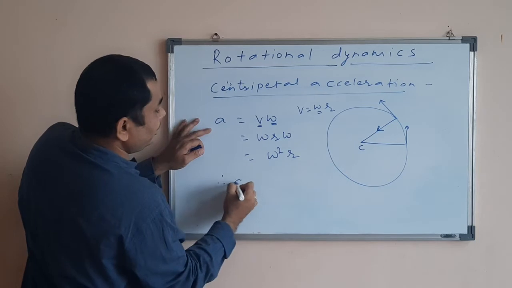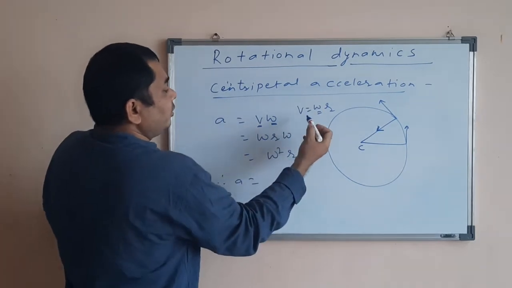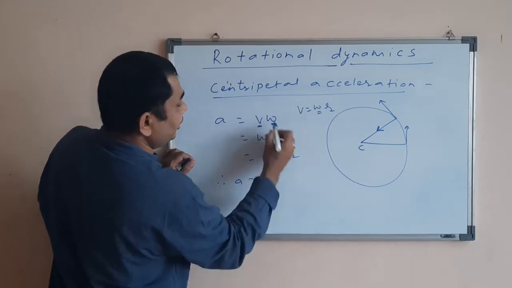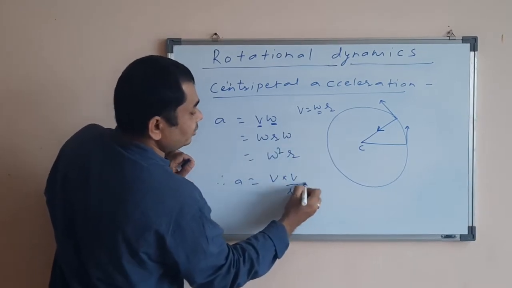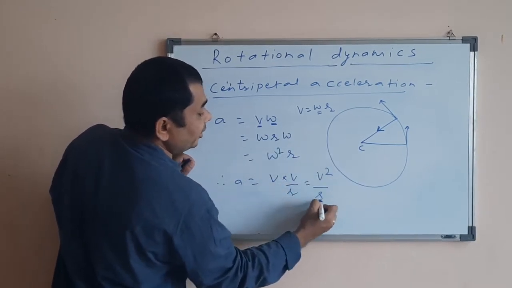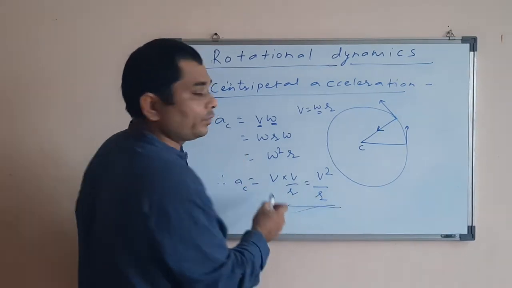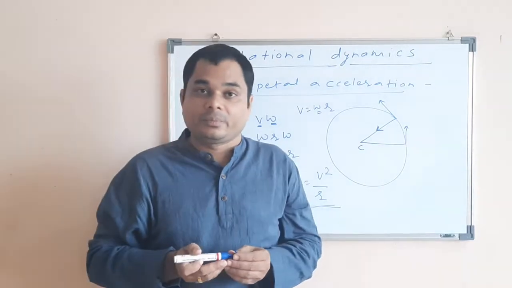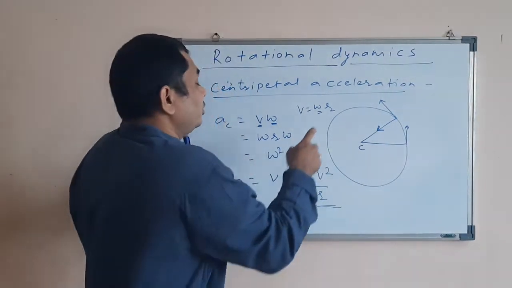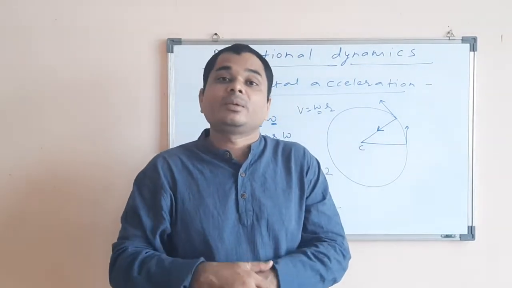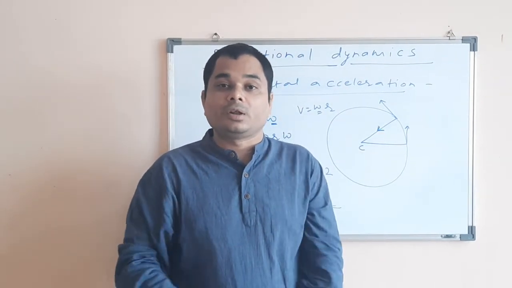Therefore a is equal to, instead of omega we write v by r, so v into v by r, which is equal to v square divided by r. So this is the magnitude of the centripetal acceleration. The magnitude of centripetal acceleration always remains constant during uniform circular motion.